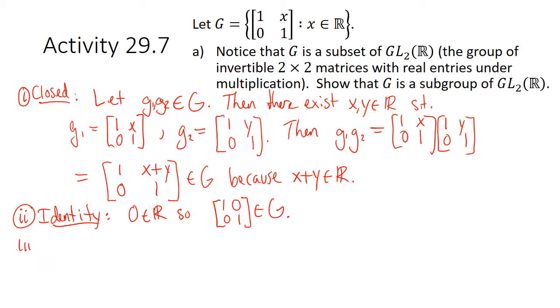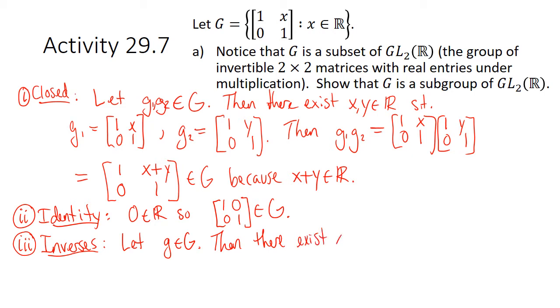And then finally for the inverses, based on what we got for part 1, where we found that when we multiply two elements together, it basically just adds that top right entry, we can see what the inverses should be pretty quickly. Let little g be in big G. Then there exists x in the real numbers such that little g equals the matrix 1, x, 0, 1.